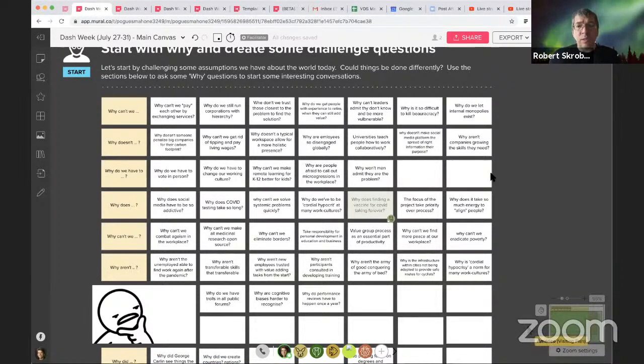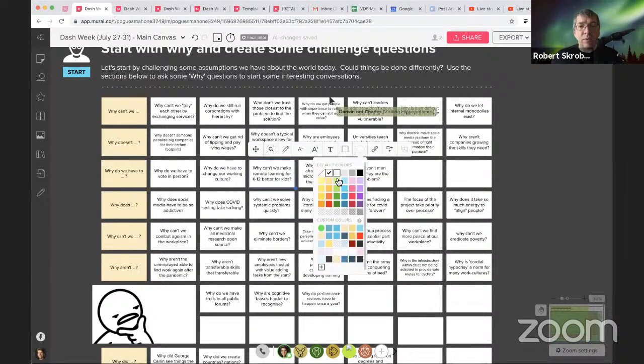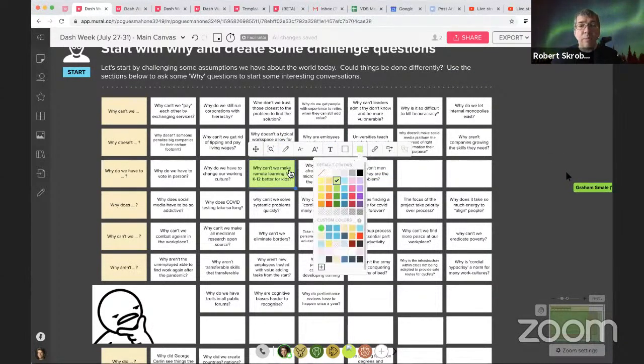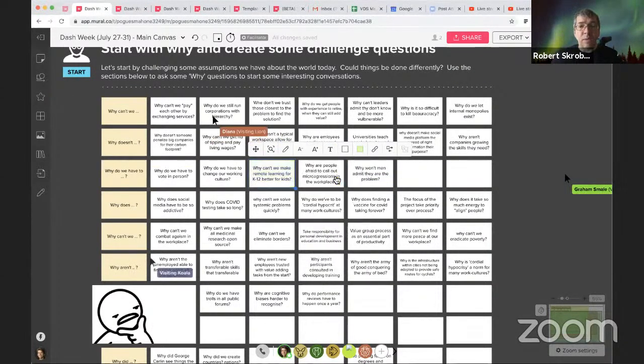So if you're interested in, say, why can't we make remote learning for K2 better for kids, you can highlight that in one of your favorite colors. Let's say mine is light green. Then I'll come off mic and say, hey, Robert, I've got a question about this one, and say the question. And whoever wrote that particular card can speak up and give some context around it.